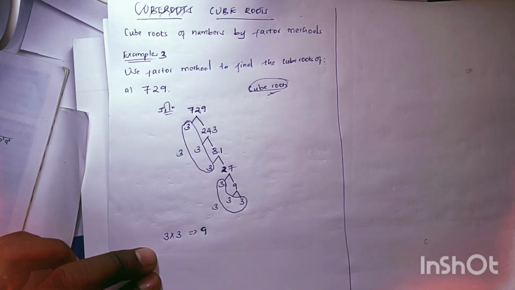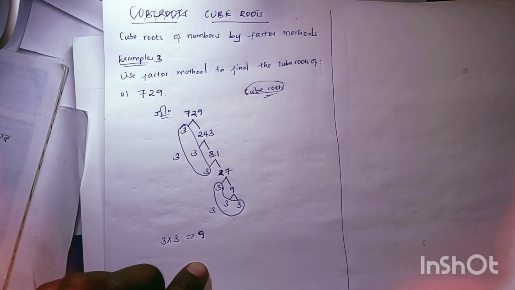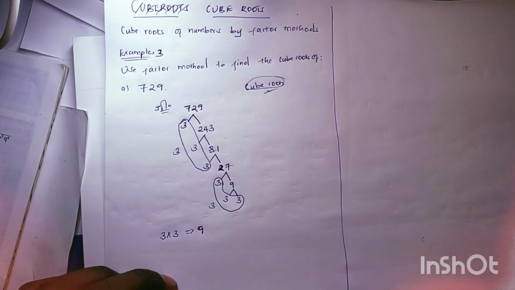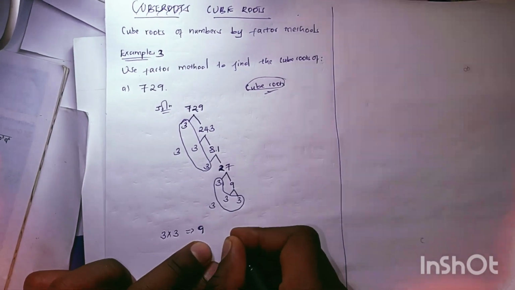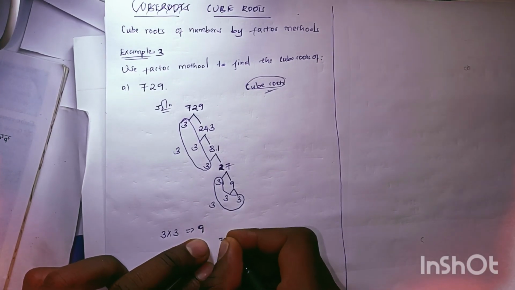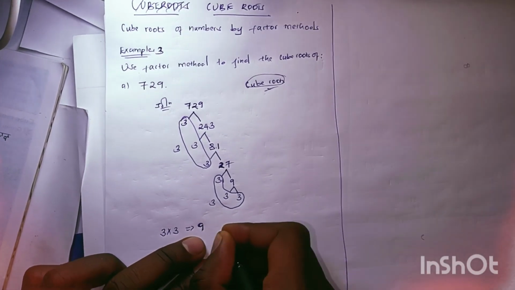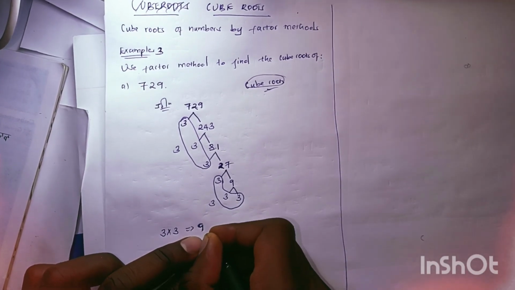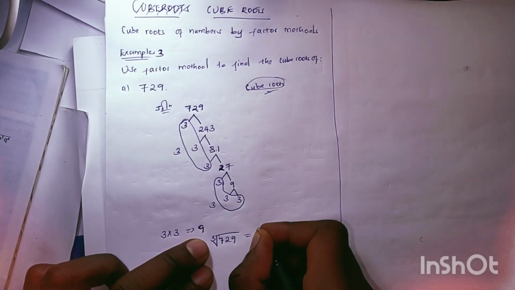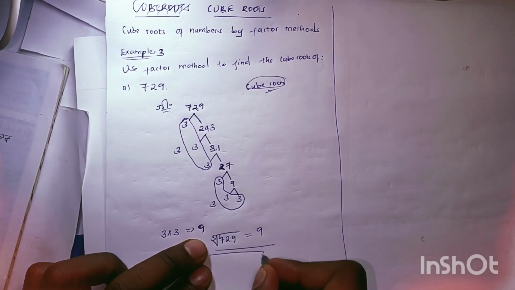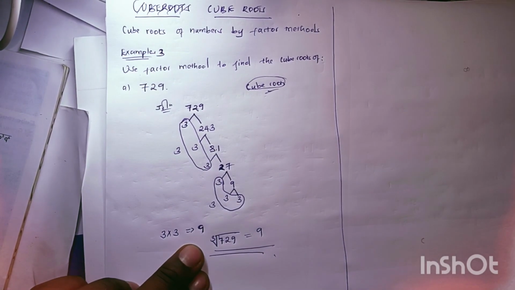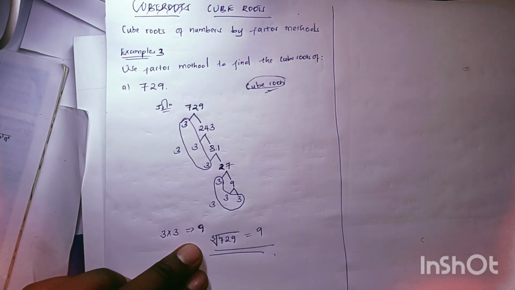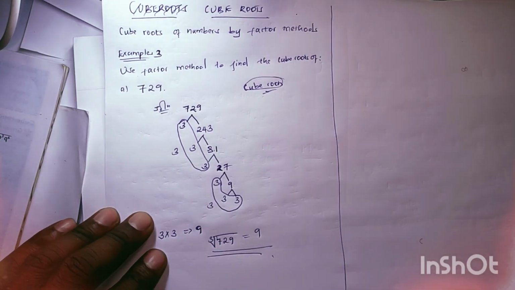So guys, when you take 9 cubed, you'll get 729. What do I mean? I mean that the cube root of 729 is 9. That's how we get it using the factor method.